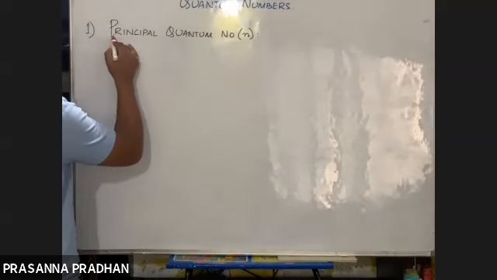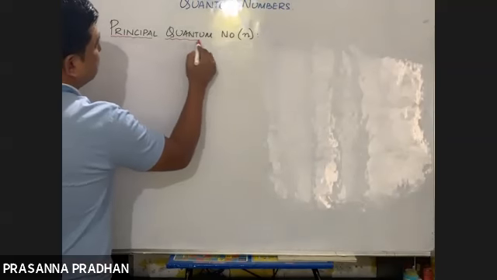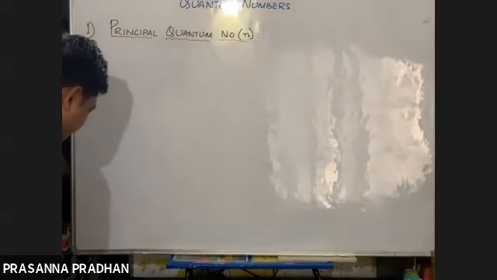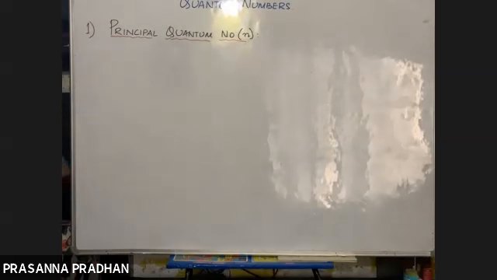So this is the first quantum number we shall be discussing. What information does this principal quantum number give us? There is various information given by this principal quantum number.